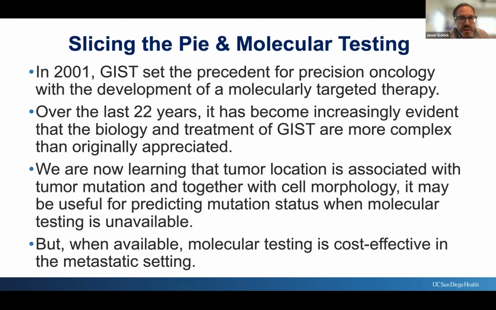So what we've seen over the last several years is that we've been slicing the pie of GIST thinner and thinner, including using molecular testing to do it. And in 2000, GIST really set the precedent for what we consider now to be precision oncology with the development of a molecularly targeted drug against KIT.